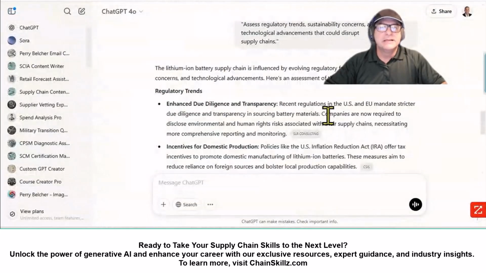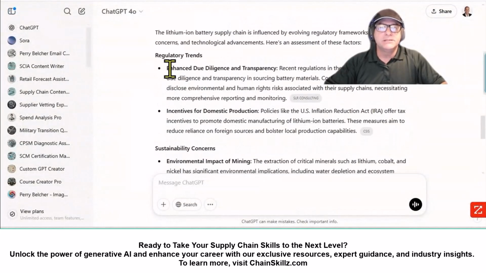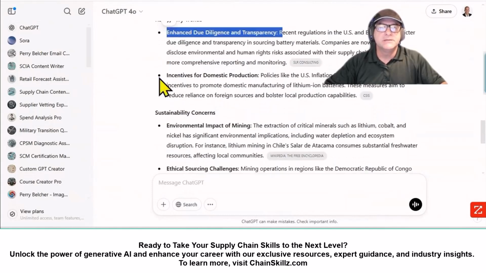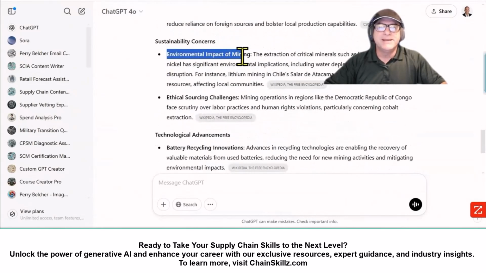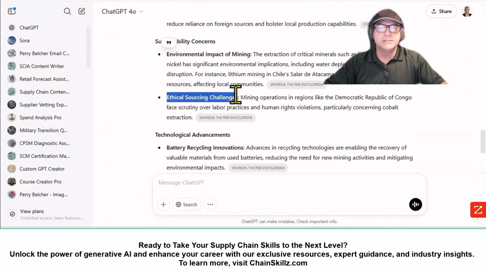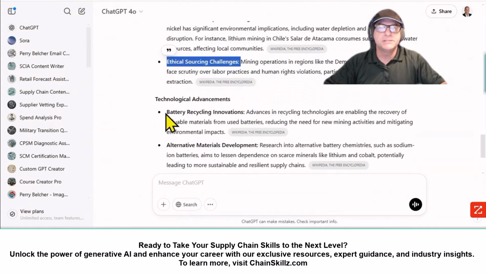Regulatory trends: enhanced due diligence and transparency. Incentives for domestic production, that's coming, right? Environmental impact of mining, ethical sourcing challenges, technological advancements.